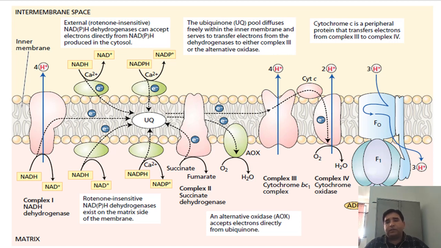In this process, the molecules that are made in glycolysis and the TCA cycle are again oxidized, and in this process, like the light reaction of photosynthesis, the protons are pumped out of the membrane, and when they come back through ATP synthase, they make ATP.